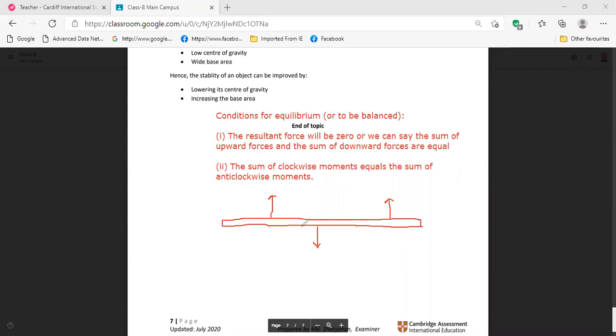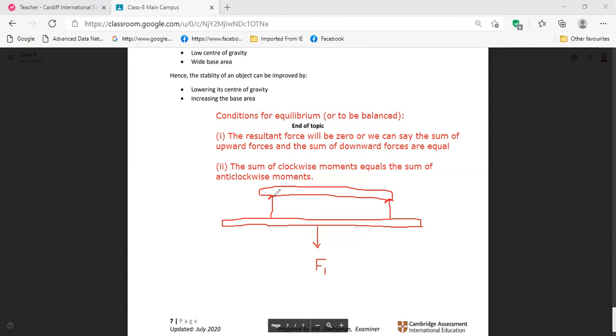Okay, so you see here, this plank has some weight. And for example, the weight of this plank is F1. Then we have two more forces working upwards. Those are tension forces. Here is one structure, and this structure is holding this plank in two places.